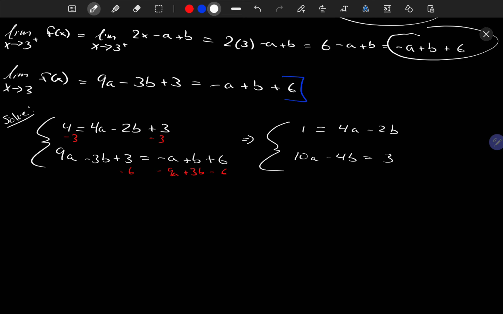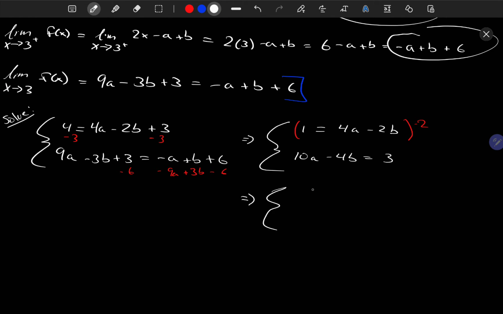And so from here, what we can do now is multiply this by negative 2.